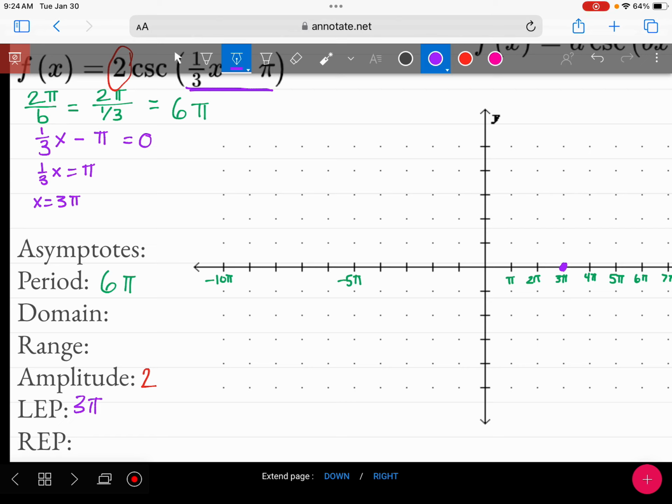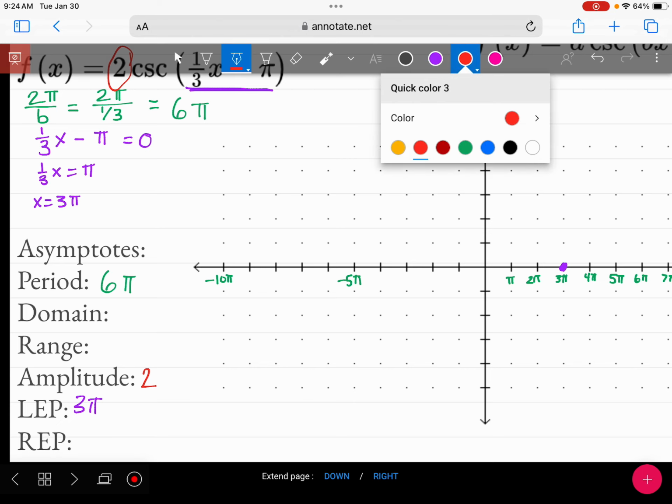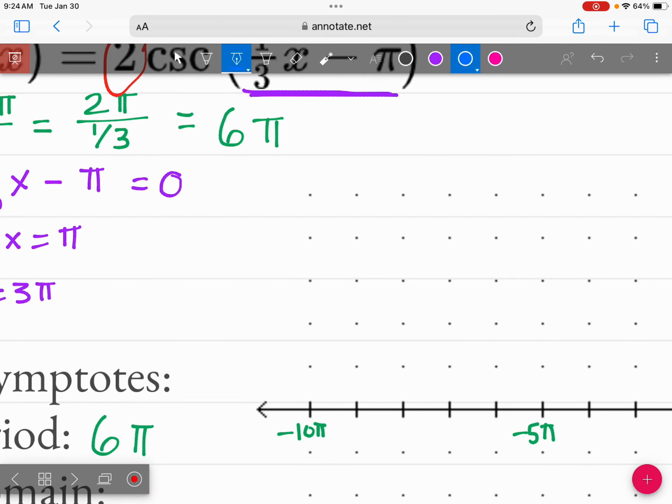Our right endpoint is going to be when that same little argument equals 2 pi.